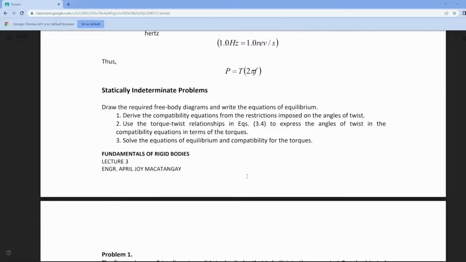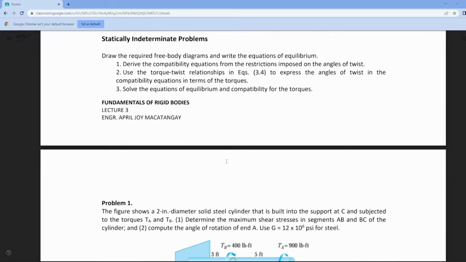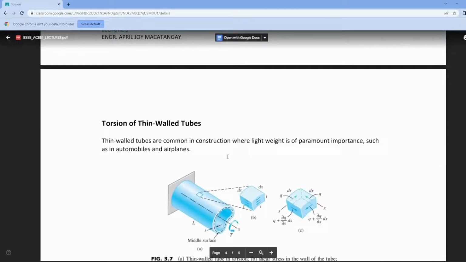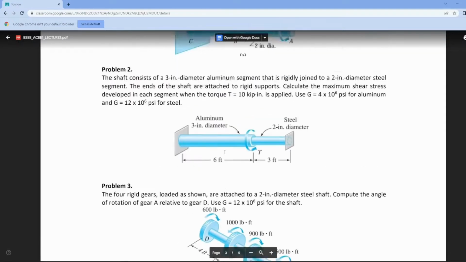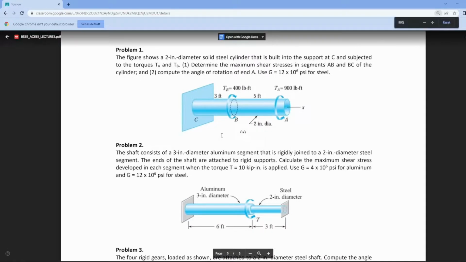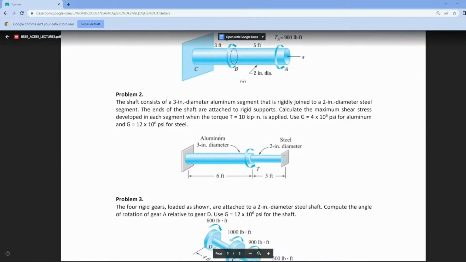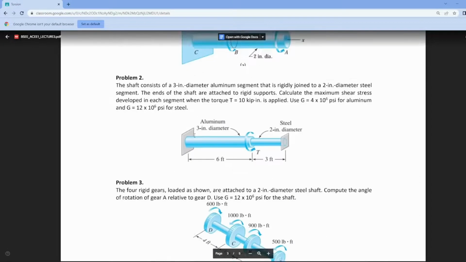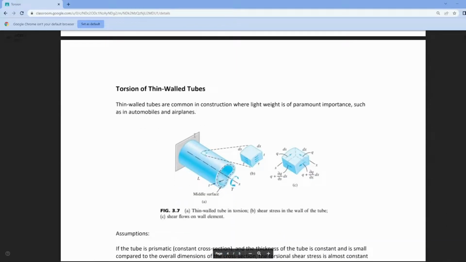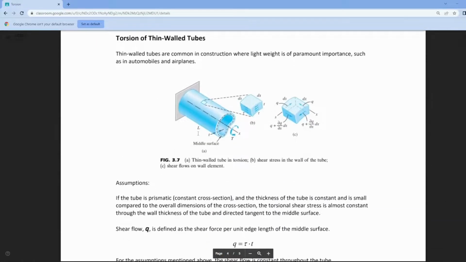We'll encounter this a bit later. I'll proceed with the discussion first. We'll have the problems later.